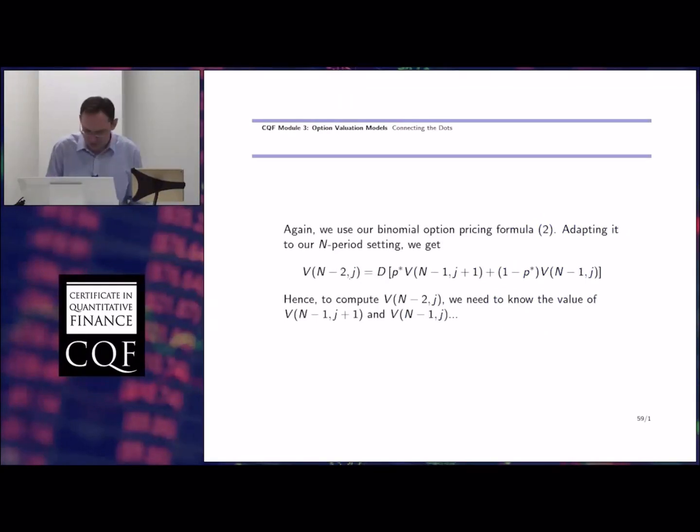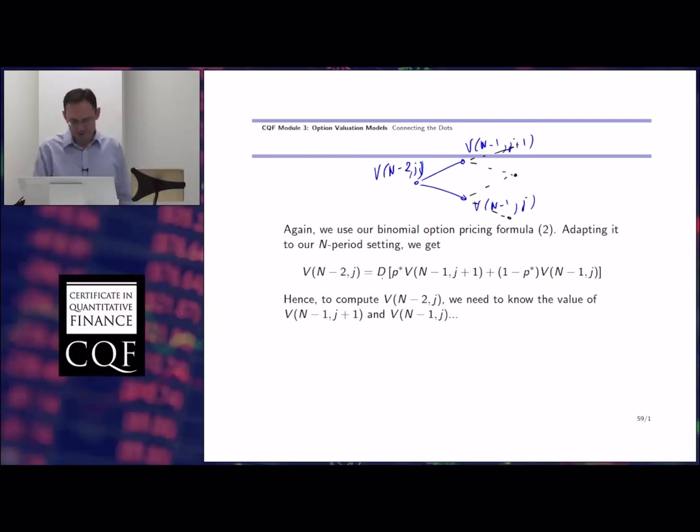So V_(n-2),j in terms of the next 2 nodes, which are V_(n-1),j+1 and V_(n-1),j, and ignoring, for now, the endpoints, is just the discounted expected value of our option at these 2 nodes.